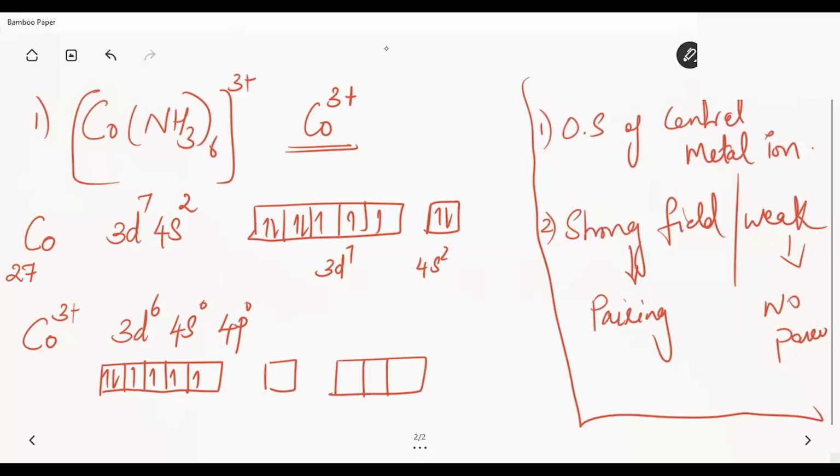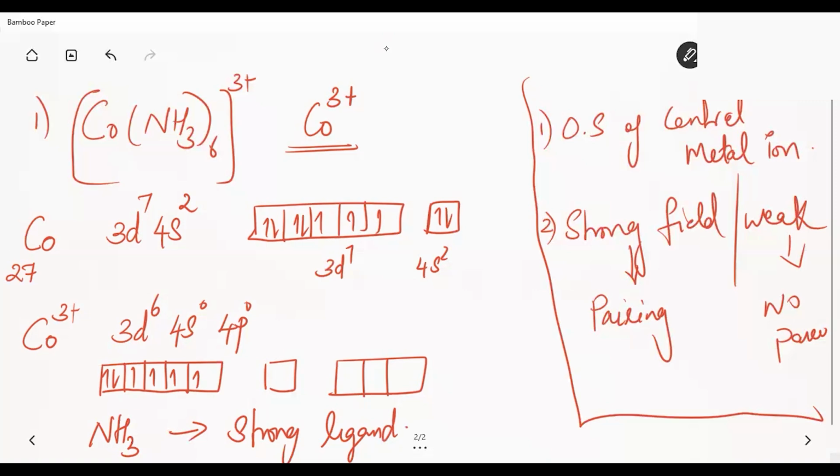Now who is coming? Ammonia is coming. What type of ligand is ammonia? It is a strong ligand. So what will happen? Six ammonia ligands are coming, so six vacant orbitals should be there.